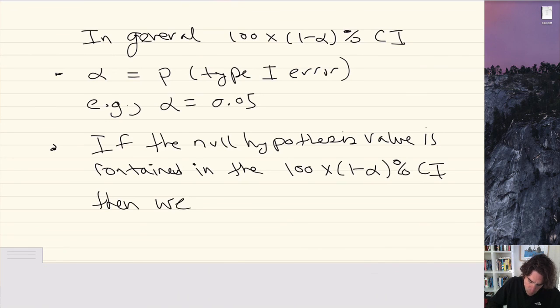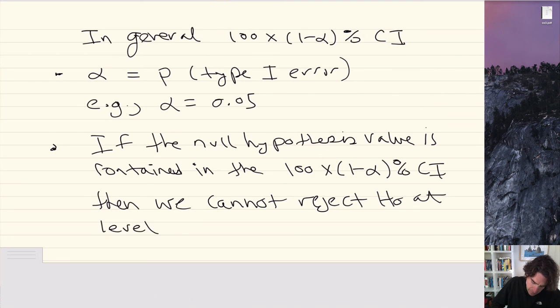then we cannot reject H naught at level alpha.